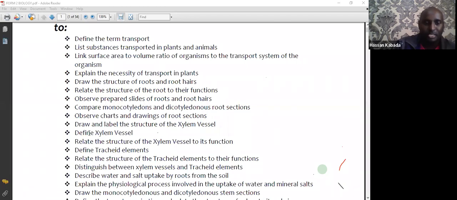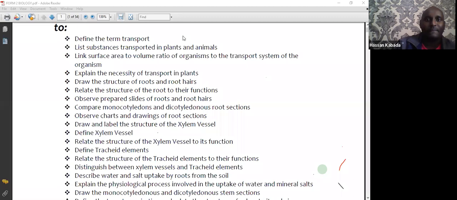So these are some of the areas that we are going to interact with in this session. I believe by the end of the lesson we will be somewhere around there. So we'll start with this, and henceforth we are going to look at this bit by bit, so that we remind ourselves what we have learned in this topic.